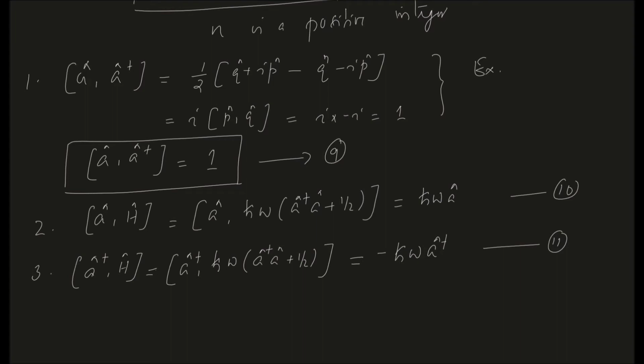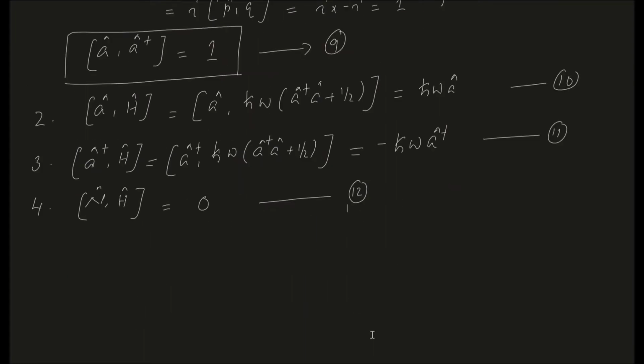Now the fourth commutation relation is the commutation between N and H. You have to prove that this is 0. We have just mentioned it to derive the eigenvalues of energy, but you have to prove that this is 0.